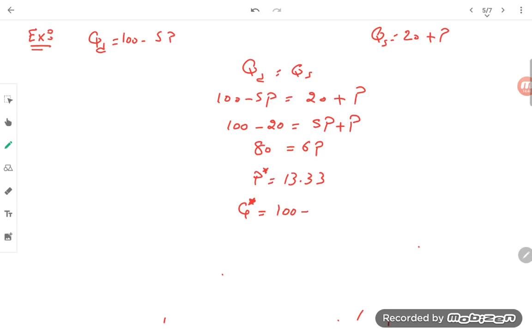So 100 minus 5 times 13.33 gives 33.33. If we substitute in QS, it will be the same: 20 plus P, which is 13.33, so it will be 33.33. So this is the equilibrium quantity using the mathematical illustration.